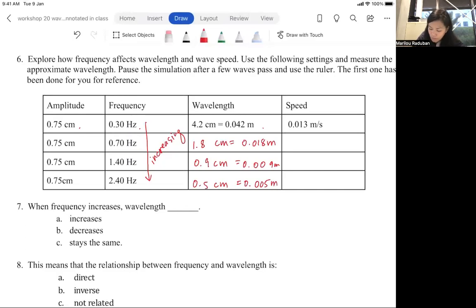And again, for the speed, you calculate that by multiplying the wavelength with the frequency. The frequency changes and the wavelength changes. Notice how, as the frequency increases, the wavelength decreases.